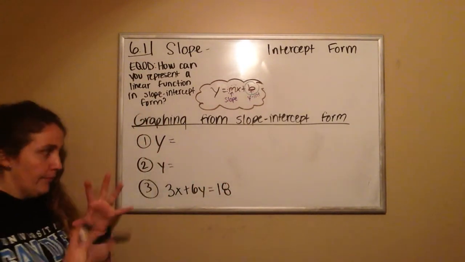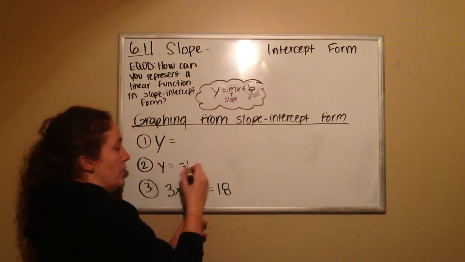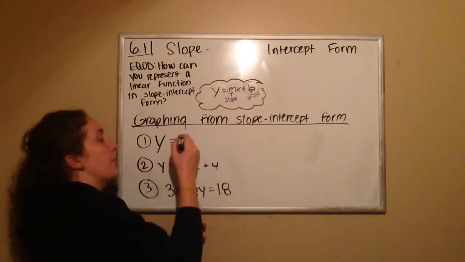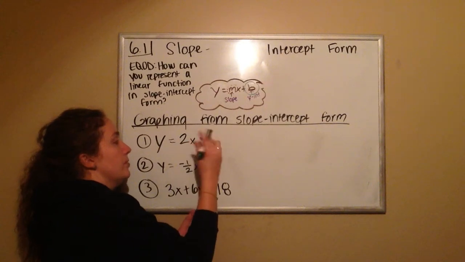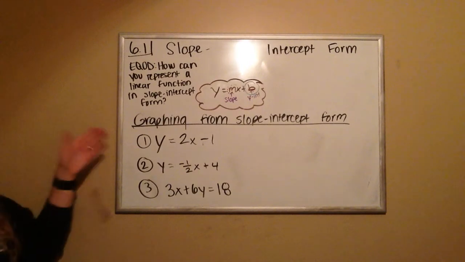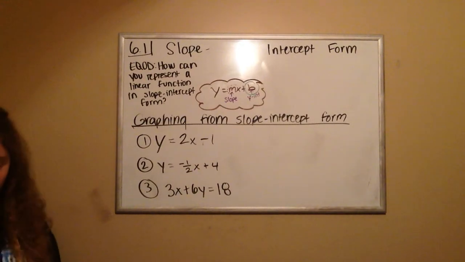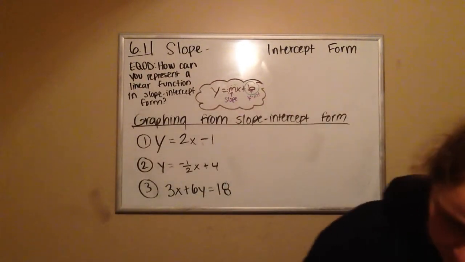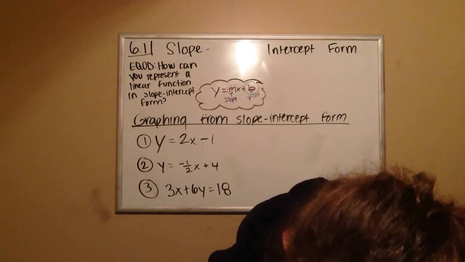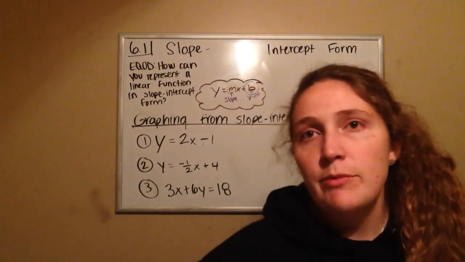And so I want you guys to make sure you're practicing. All right, there's your 3 equations that I want you to graph. And just make sure you're graphing them on the left-hand side. All right, and once you're done with those, you are done with 6.1.